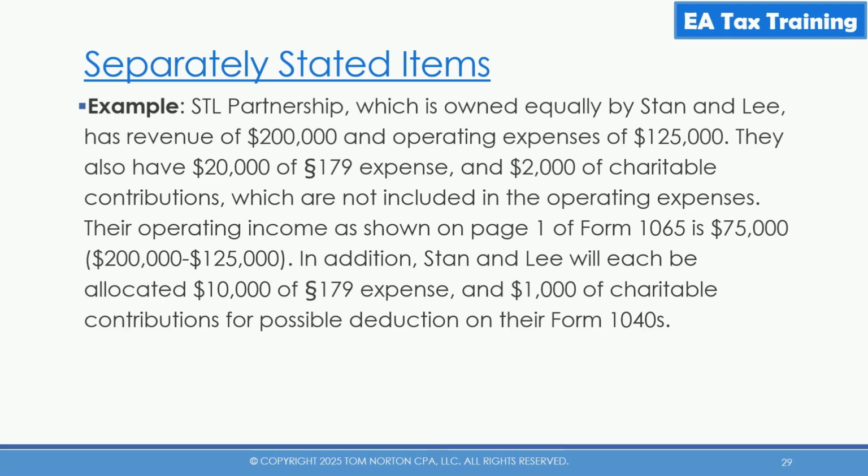That's the $200,000 minus the $125,000 of expenses. In addition, Stan and Lee will each be allocated $10,000 of the 179 expense and $1,000 of the charitable contributions for a possible deduction on their 1040s. Whether or not they can actually deduct those things is going to depend on their own particular tax circumstances, but they will be reported to them on their K-1.